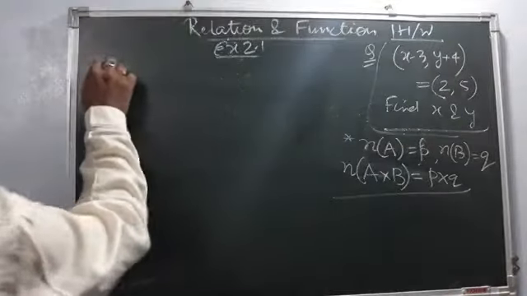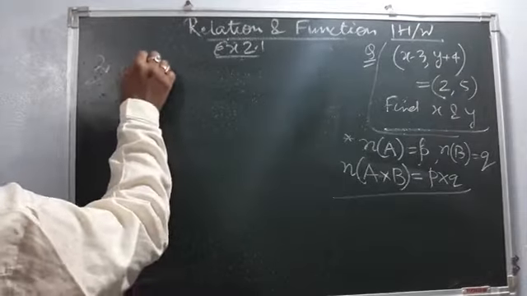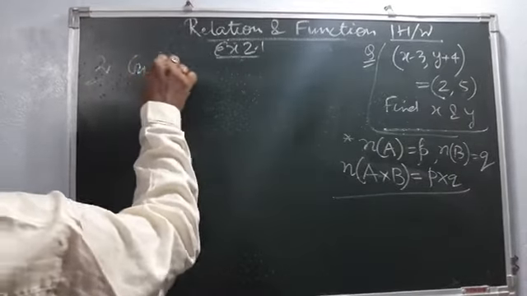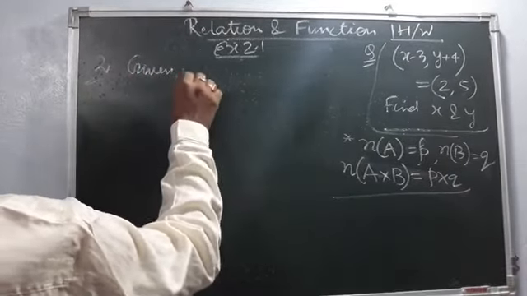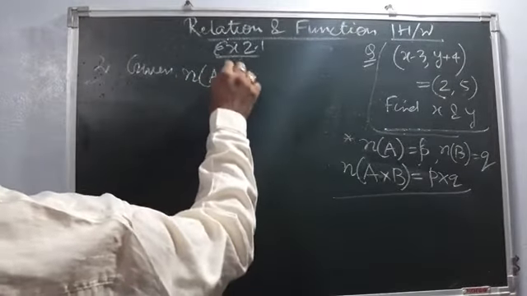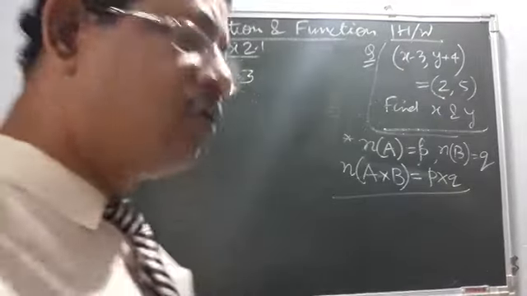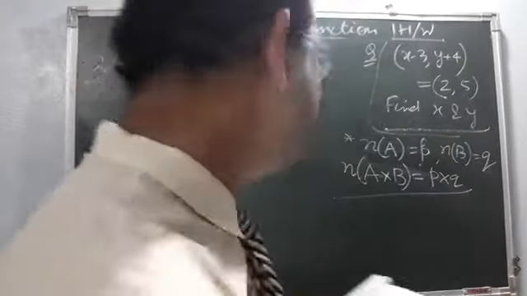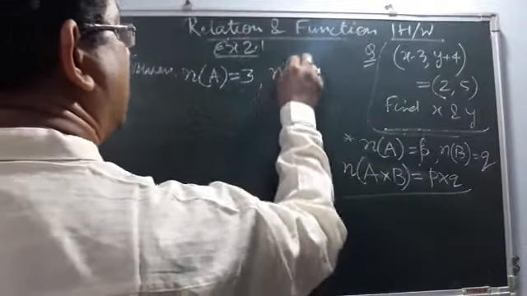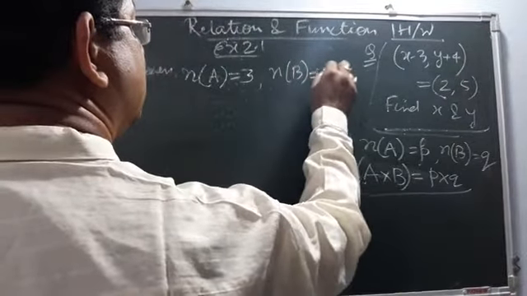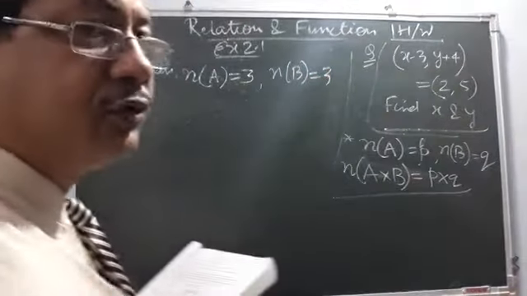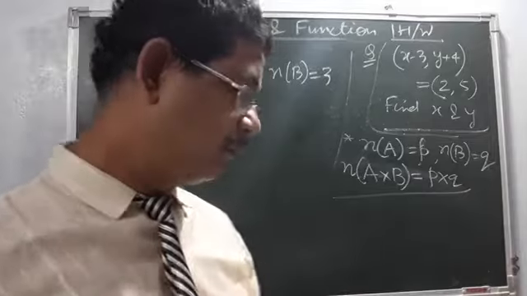So question number 2, given: A has 3 elements, which means n(A) is equal to 3. B contains elements 3, 4, 5. The meaning is that the number of elements in B is also 3. Why 3? Because three elements are there.